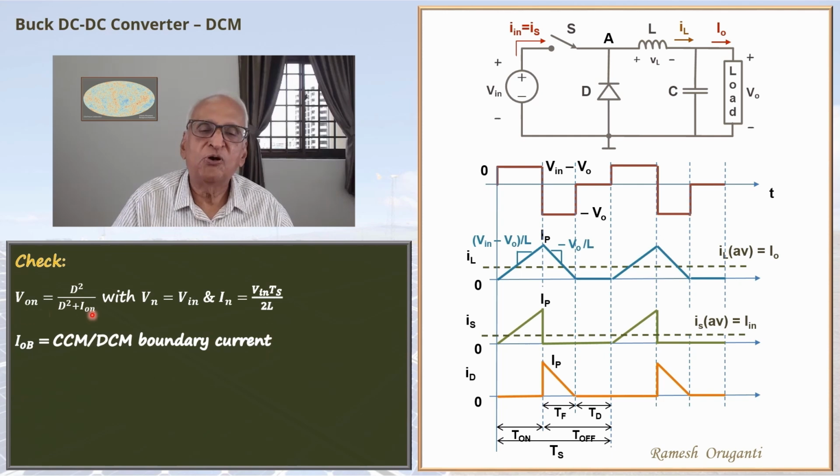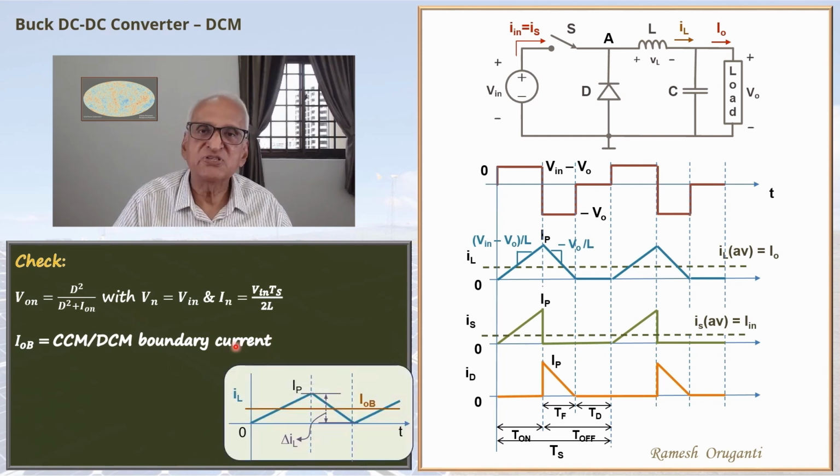This shows the waveform of the boundary current. The current starts from 0, goes to a peak IP at the end of the T on switching interval, and then when the switch is off, the current comes down at a slope of minus V naught by L, and comes to 0 exactly at the end of the cycle. And immediately the switch is turned on again and the current rises again. So this is the boundary condition.